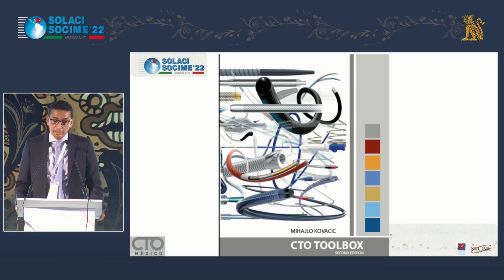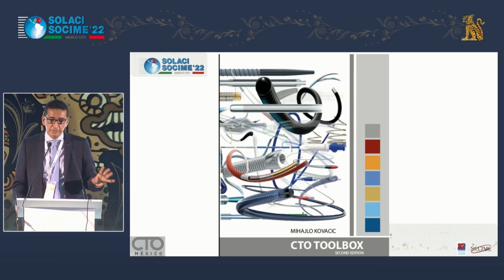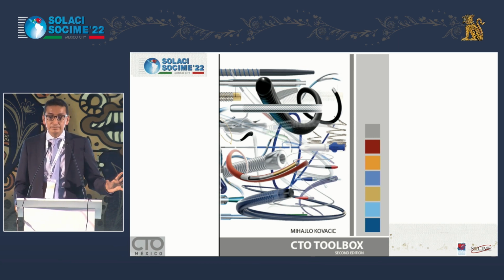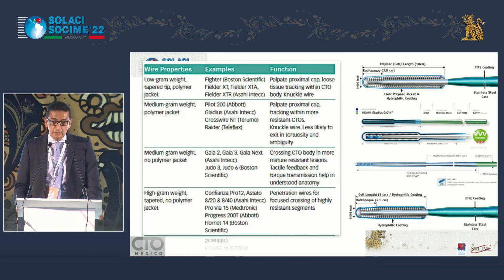Esta es una captura de un libro que les recomiendo mucho, que es muy específicamente, muy gráfico sobre qué material, las características básicas de los materiales que se utilizan en oclusión total crónica.